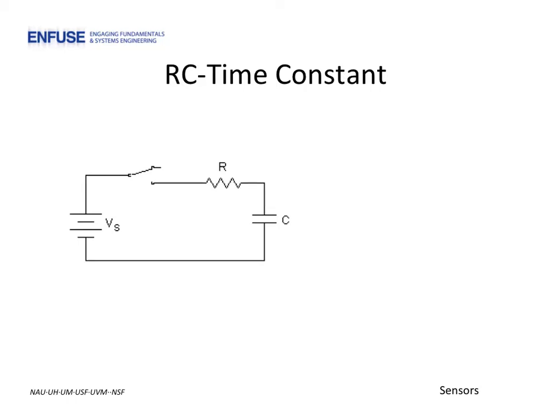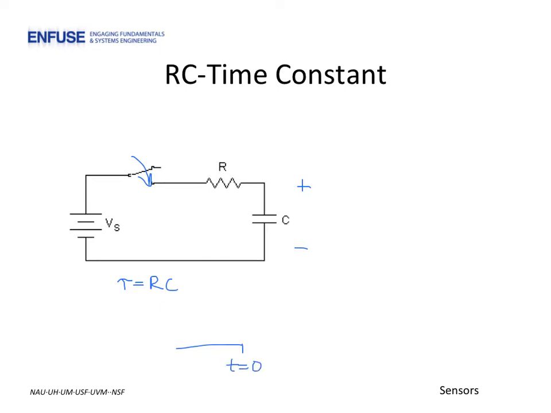By now you have covered RC circuits and know that the time constant of this circuit, tau, is equal to R times C. And what that means is that the voltage across this capacitor will initially start at 0 because the switch is open, but once the switch is closed, it will start increasing. So let's say it closes at time t equals 0.